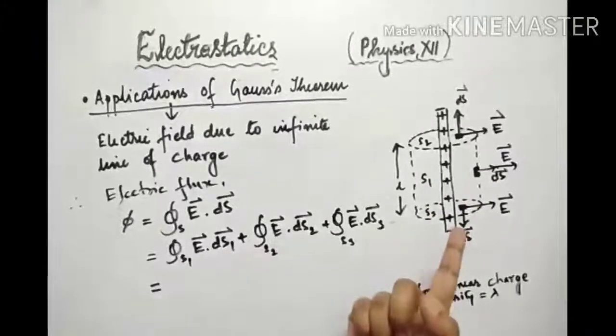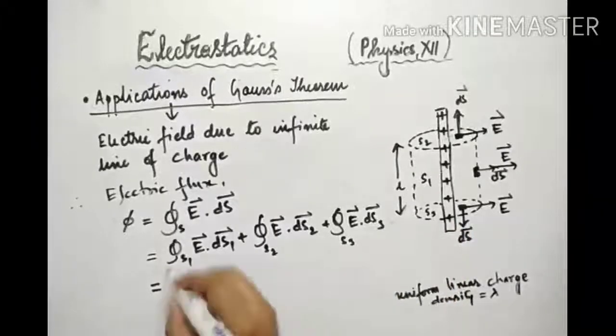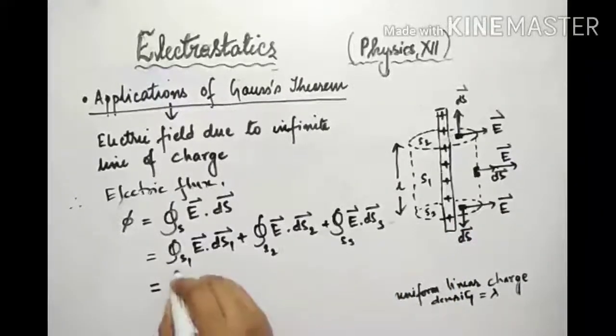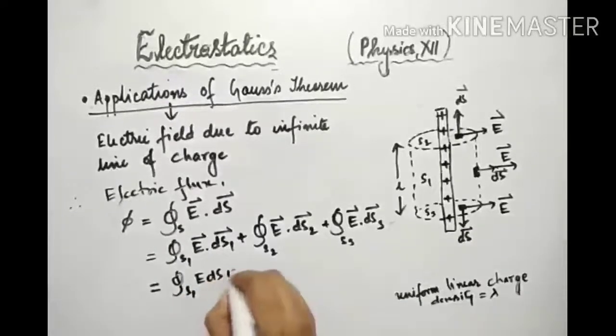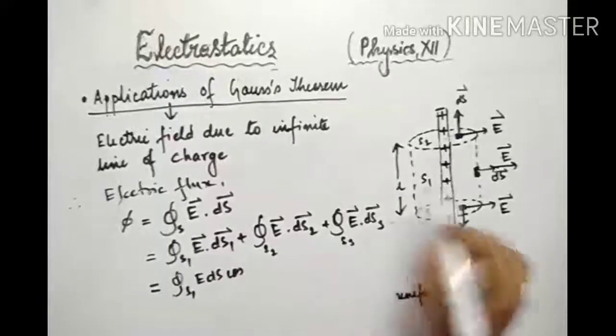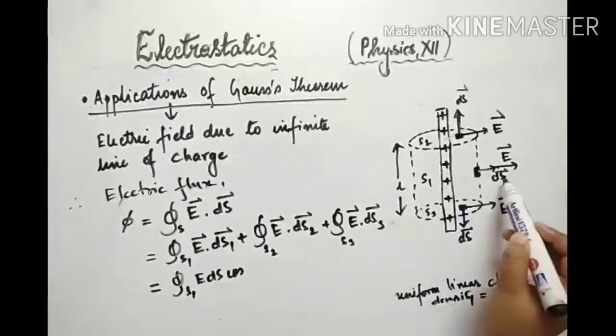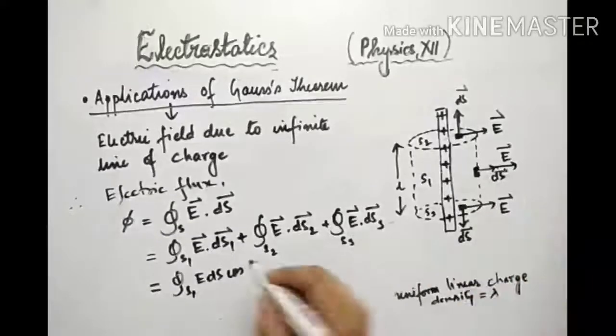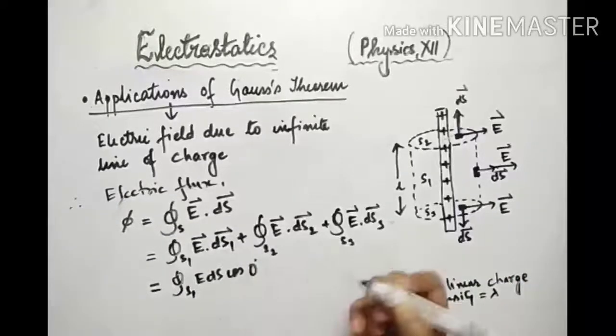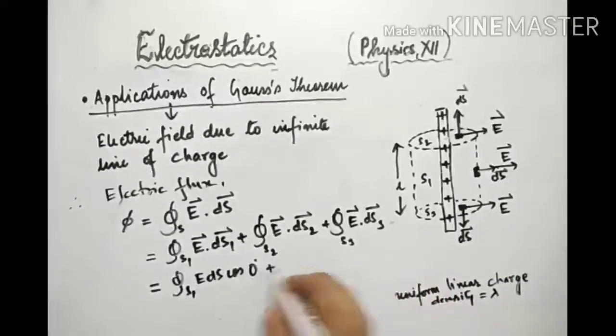For the first case we can write E dS cos theta. What will theta be for surface 1? The angle between the dS vector and the electric field vector is 0. They are in the same direction, so it will be 0 degree.